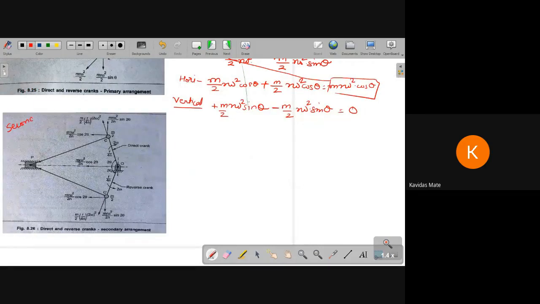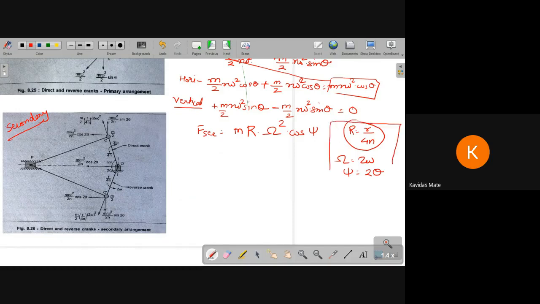In secondary, as everybody knows, the secondary force is m r omega square into cos of psi, where r is r by 4n, omega is 2 times omega, and psi is 2 times theta. These are the conditions we have already seen, so we need to put them over here.